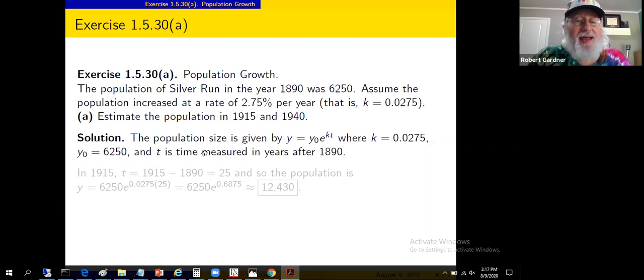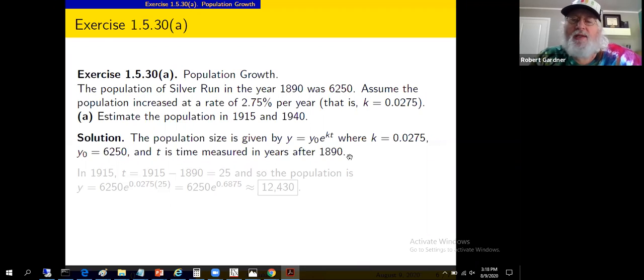So let's take y sub 0 to be 6,250, and we'll let t measure time in years after 1890. So in 1890, t equals 0. We plug in 0, we'll get e to the 0, which is 1, and we'll get y equals y sub 0. That is y equals 6,250.